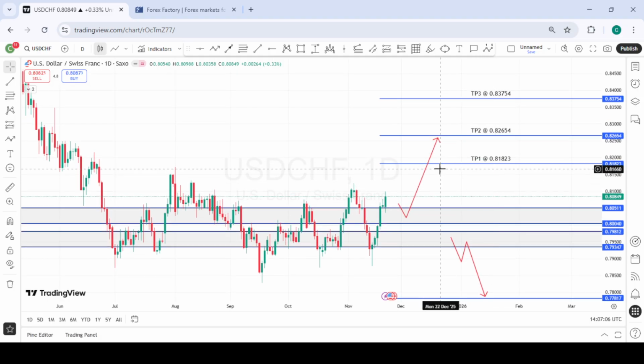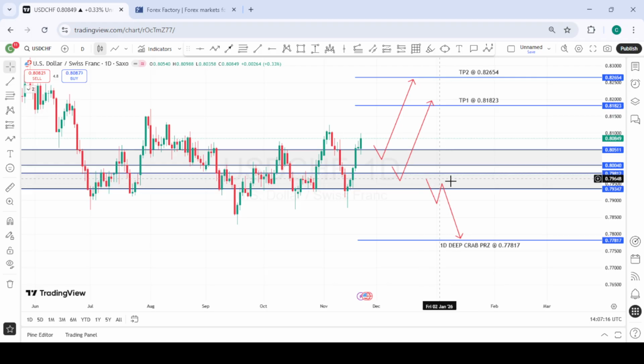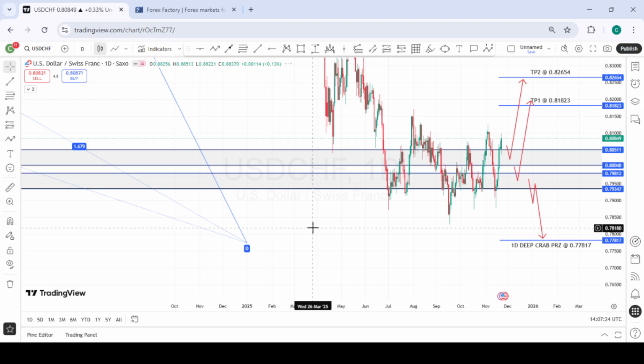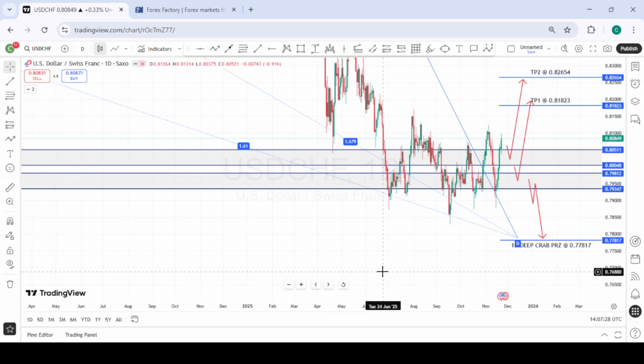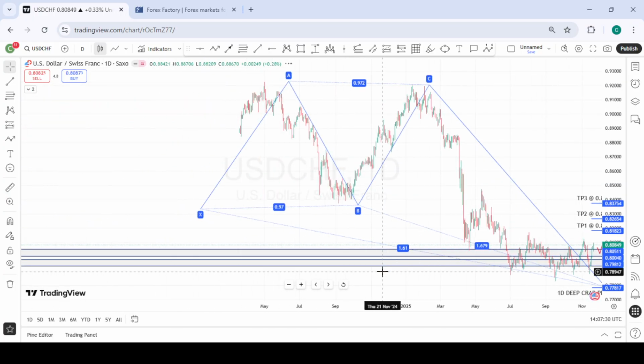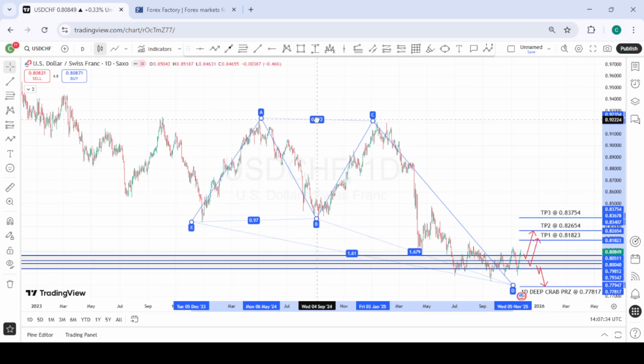And if we get buying confirmations from any of these two zones, we'll be willing to take those buys to the upside. Should price violate or break these lows or clear the zone, we'll still be looking forward to that huge daily deep crab pattern that is yet to complete on USDCHF. This is the pattern. So this is the deep crab pattern which is yet to complete.